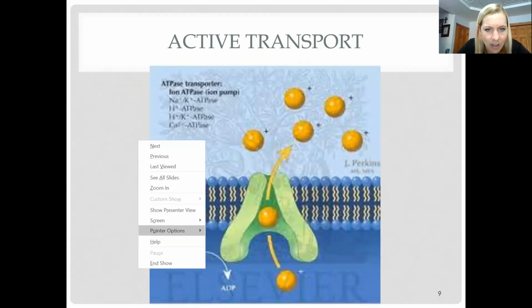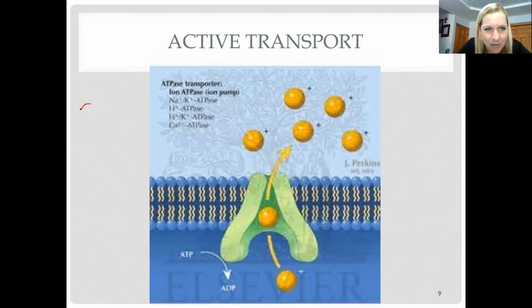Let's see if I can write. Sorry, I don't have a touch screen, so this will be a little bit messy. We have glucose, and galactose.